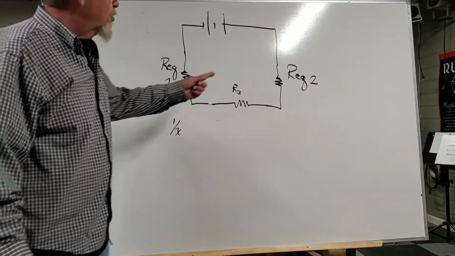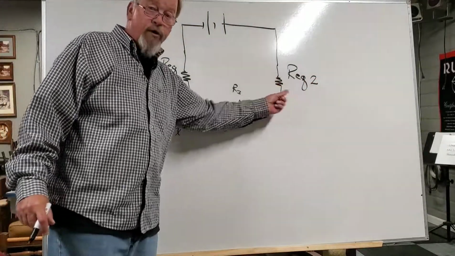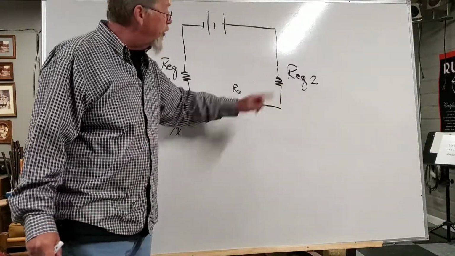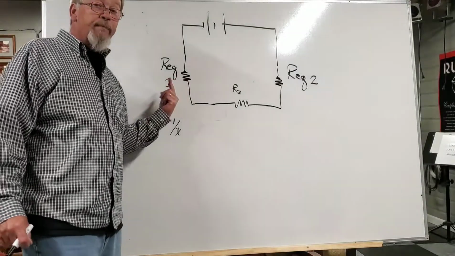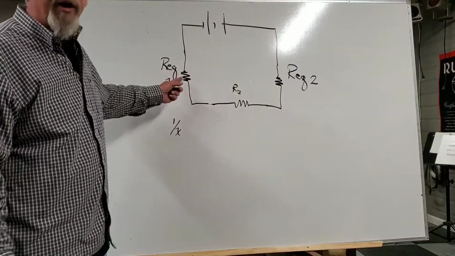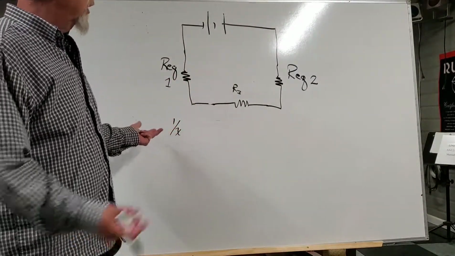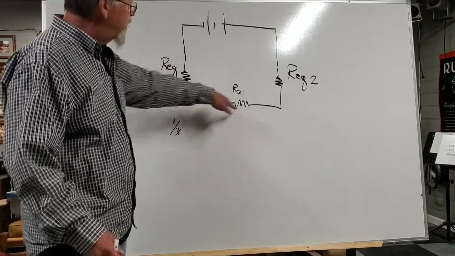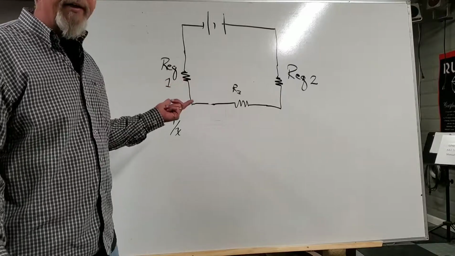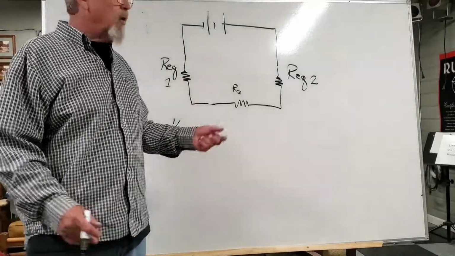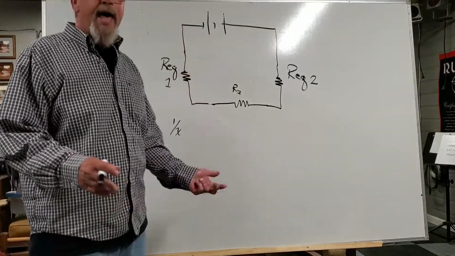Alright, so now I combine 4 and 5 in parallel to create REQ2, combined 1 and 2 in parallel to create REQ1. Now look at the circuit. It's a simple series circuit with 3 resistances. How would I find total resistance? Well, series, you add them up together.